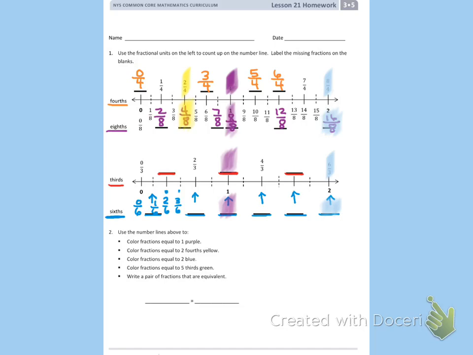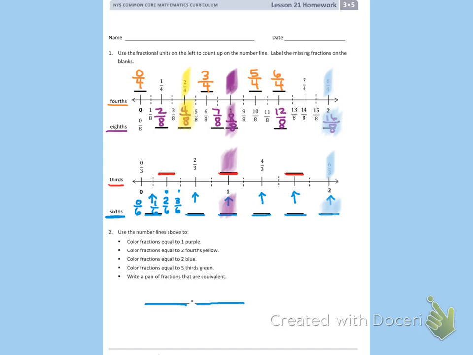And then the final thing you have to do on item 2 is write a pair of fractions that are equivalent. Equivalent means equal to the same. The way you can do this is by finding a fraction that is above the number line and writing it on the line right here, and looking directly below that fraction to the fraction that is under the number line, straight below the one that's above the number line, and write it here.